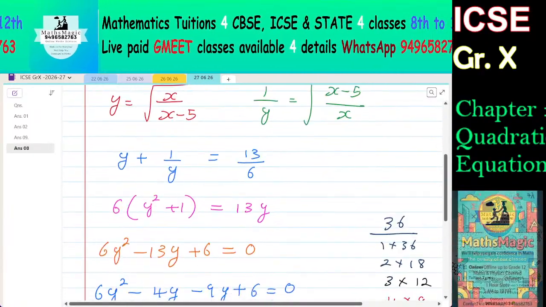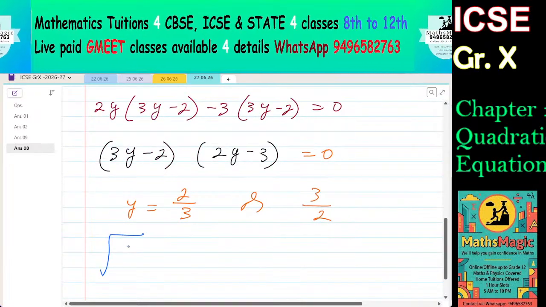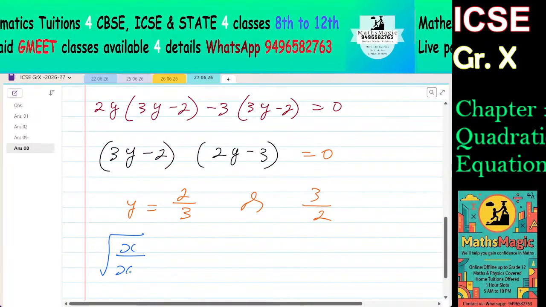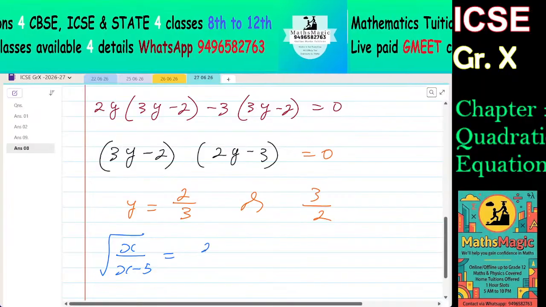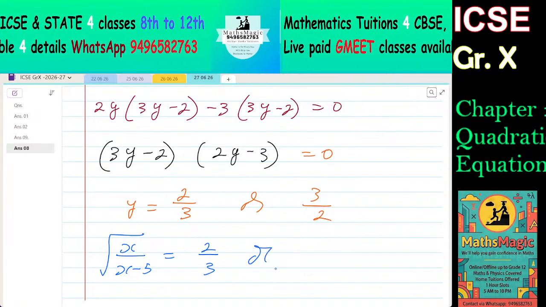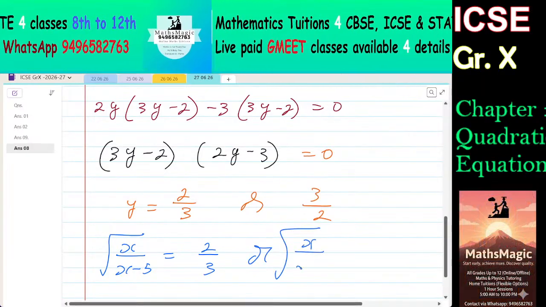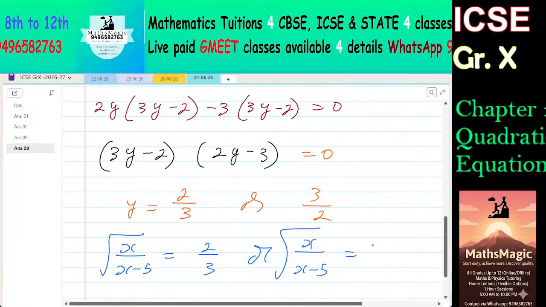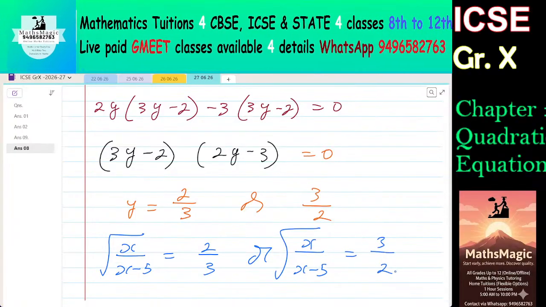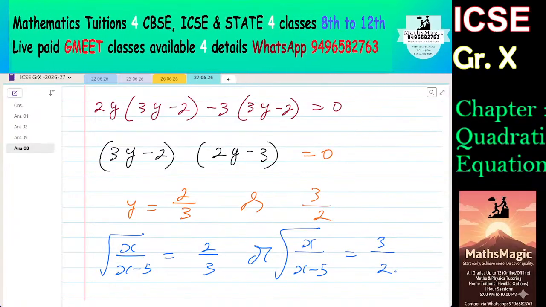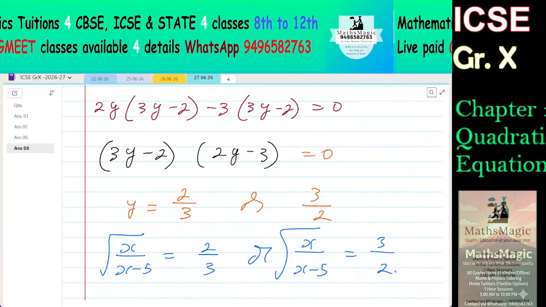That is root of x by x minus 5 as 2 by 3, or the same thing as 3 by 2. Many kids make this mistake. They will take the reciprocal as this one and you won't get the proper answer.